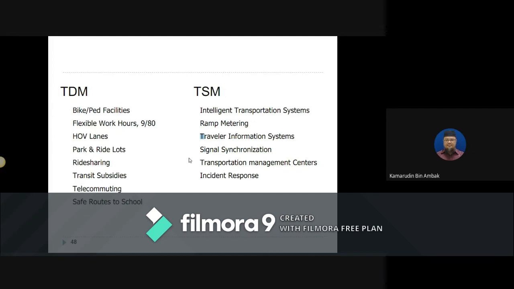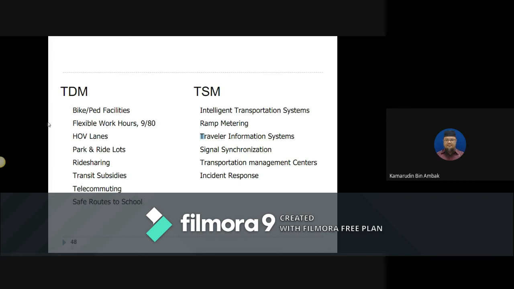Okay, by comparing these two approaches, TSM and TDM. In TDM, they focus on bikes or cycles, and flexible work hours, where the employer can provide work from home or flexibility in going early or slightly late.